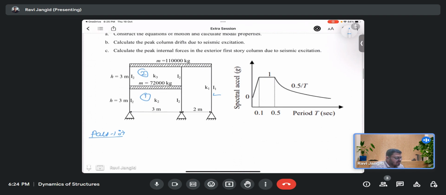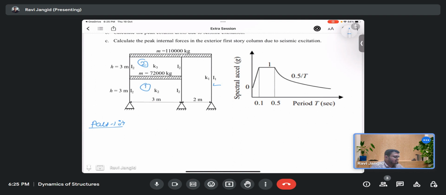To develop this, if you are having confusion, you can make a system like this, and there is one more spring connected to it.